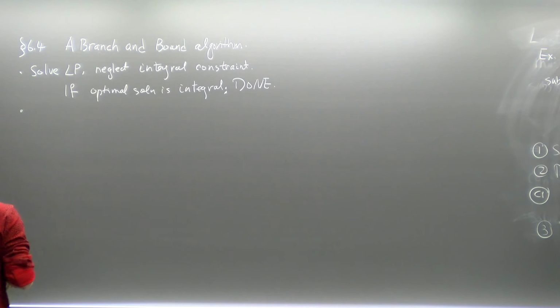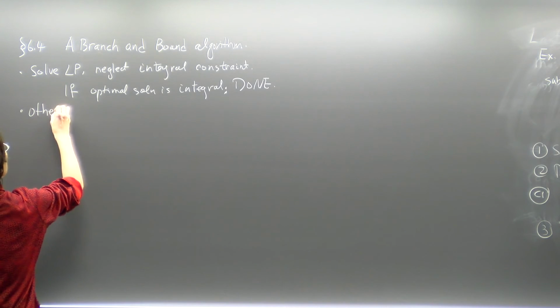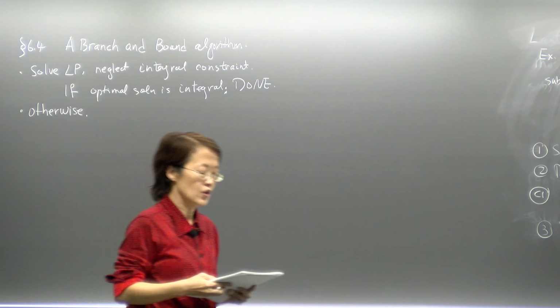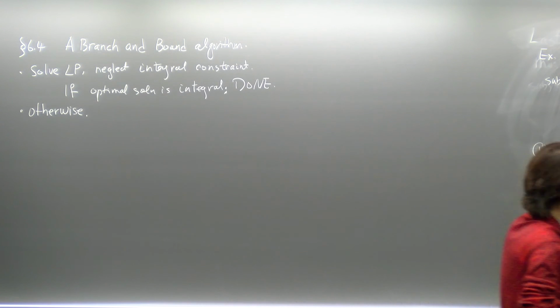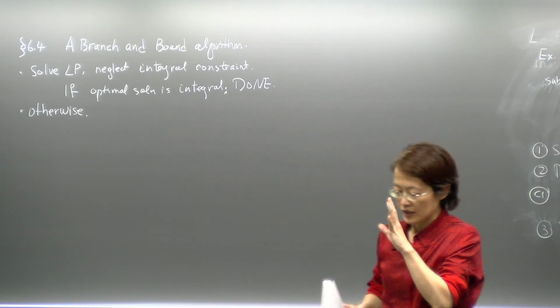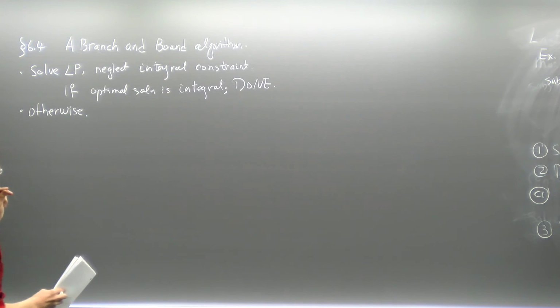And then you need to introduce something new if it is otherwise, meaning I do not have an integer optimal solution. So here the way of thinking is a little bit similar to the cutting plane in some sense, meaning now I will introduce new problems that will have additional constraints, but given in a specific way.